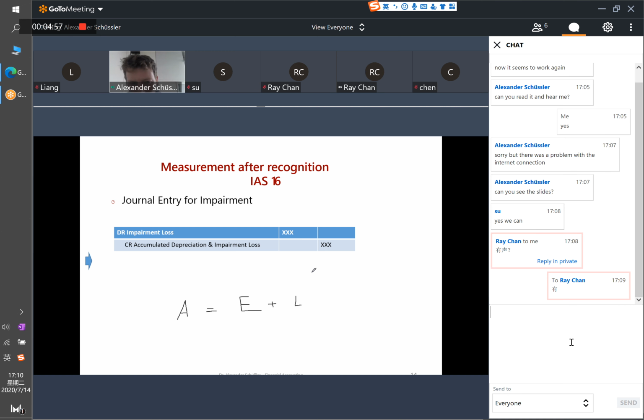If you see the elements of the accounting equation, can you tell me which elements are affected here?